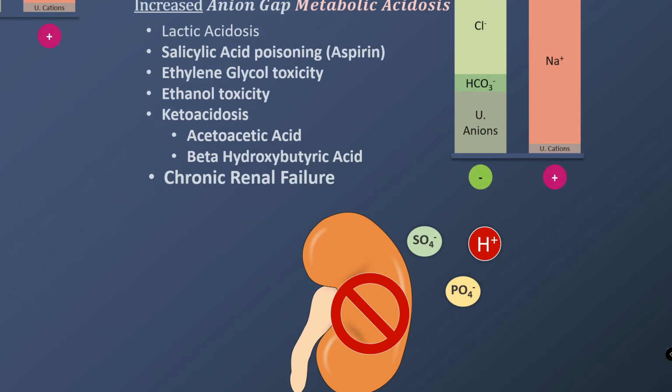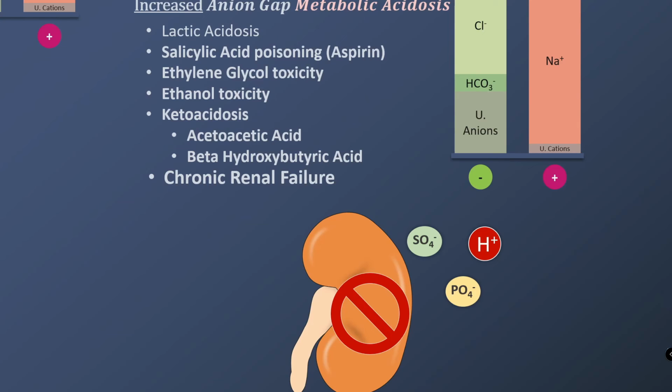And this is especially significant in chronic renal failure. In acute renal failure, the respiratory component and buffer system may somehow compensate and prevent the metabolic acidosis from occurring. But in chronic renal failure, usually chronic metabolic acidosis may be there, right?